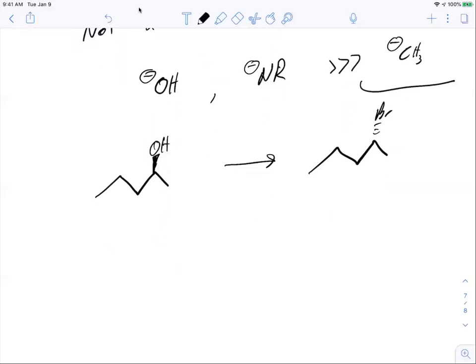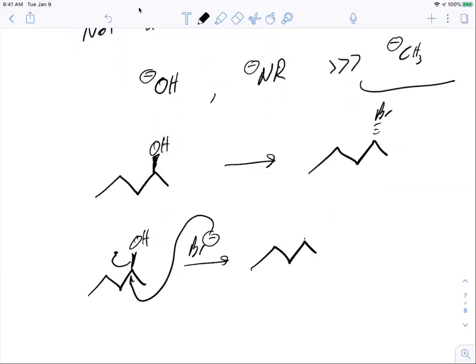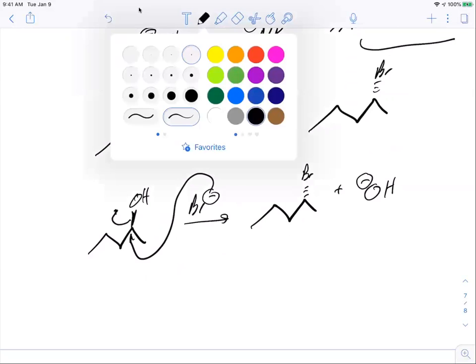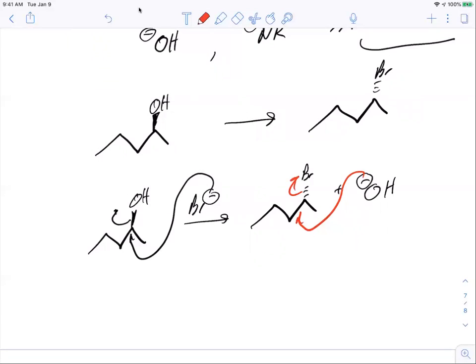I want to go forward, but if we think about it, the bromide coming in and displacing the hydroxide gives me this, but the back reaction is a favored reaction. So sometimes what we have to do is start with a certain group and modify the leaving group.